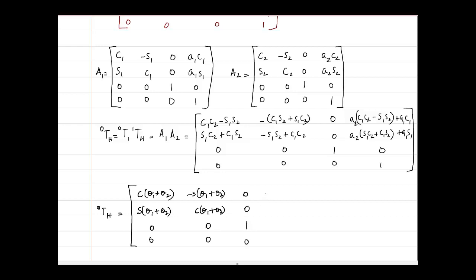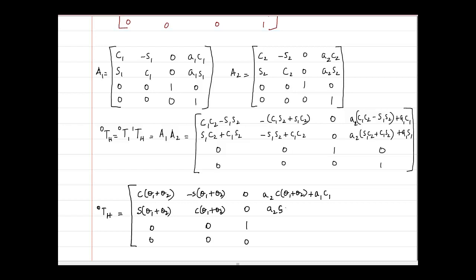The last one is a2 cos of theta 1 plus theta 2, similarly plus a1 c1, similarly a2 sine, sorry, not c, sine.